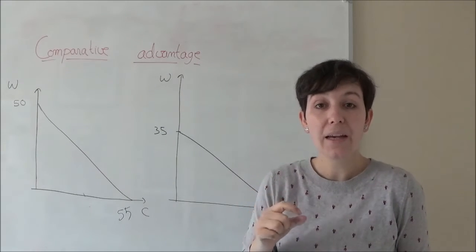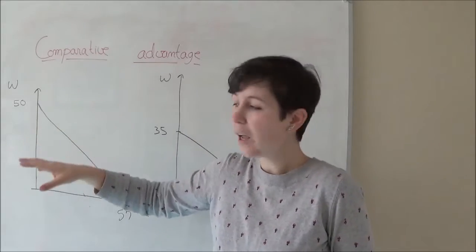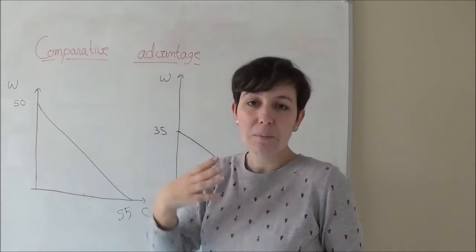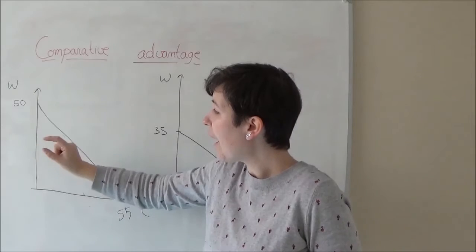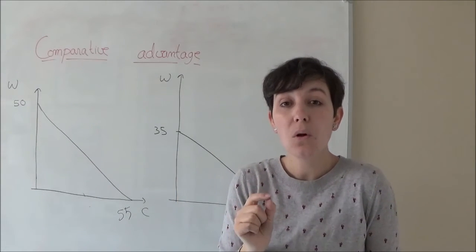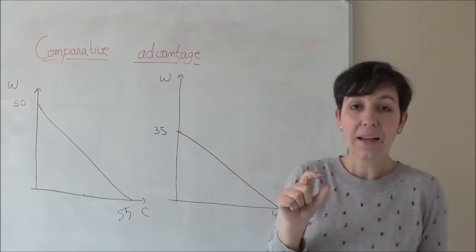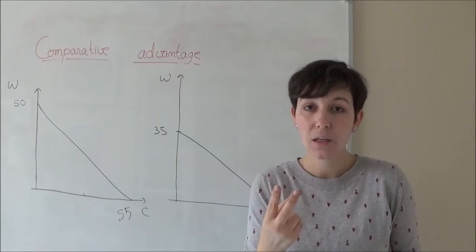Because that means I can increase a little bit more the production of wine, for instance, but the meaning is that I'm able to produce a little bit more wine with a smaller cost of cheese than the other economy. So I need to compare two things.